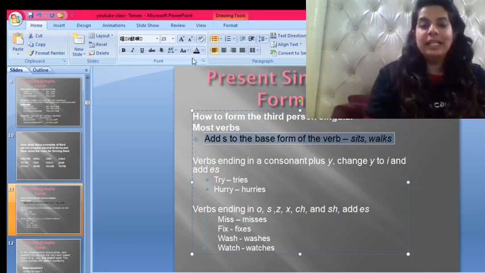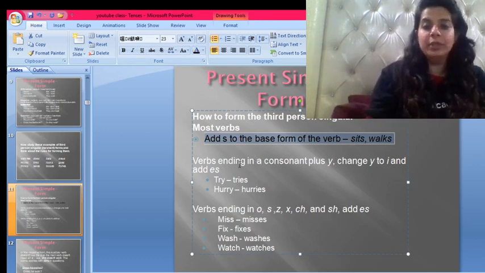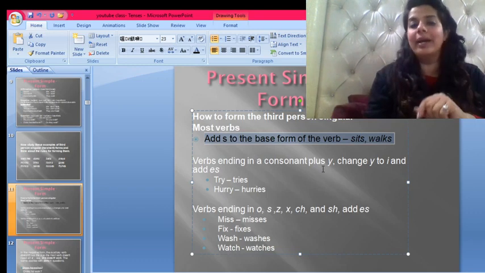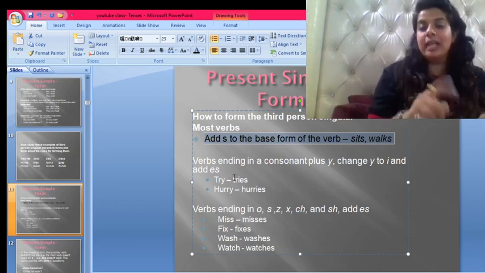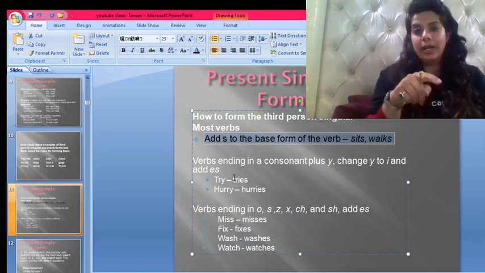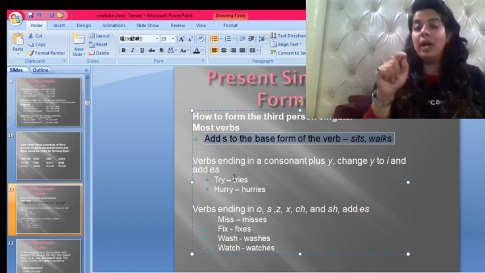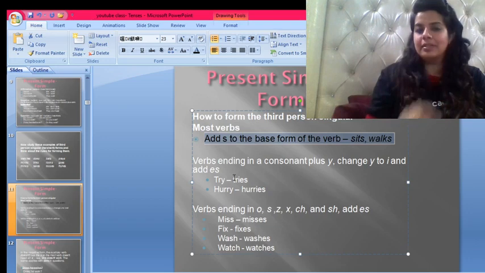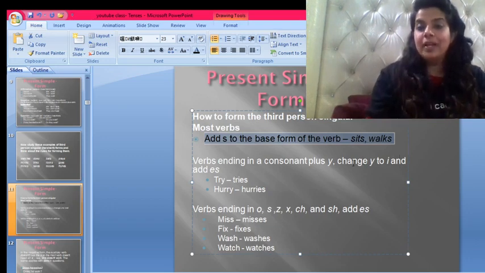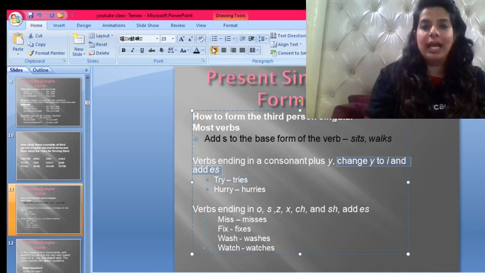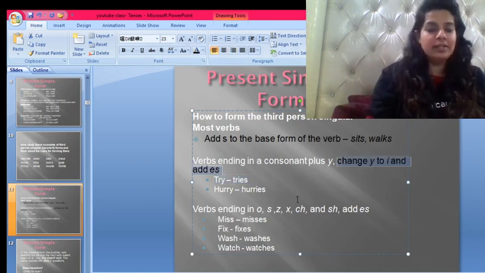Okay? Then, when you have verbs which end in a consonant plus y, the last letter is y. You change the y to i and then you add es.